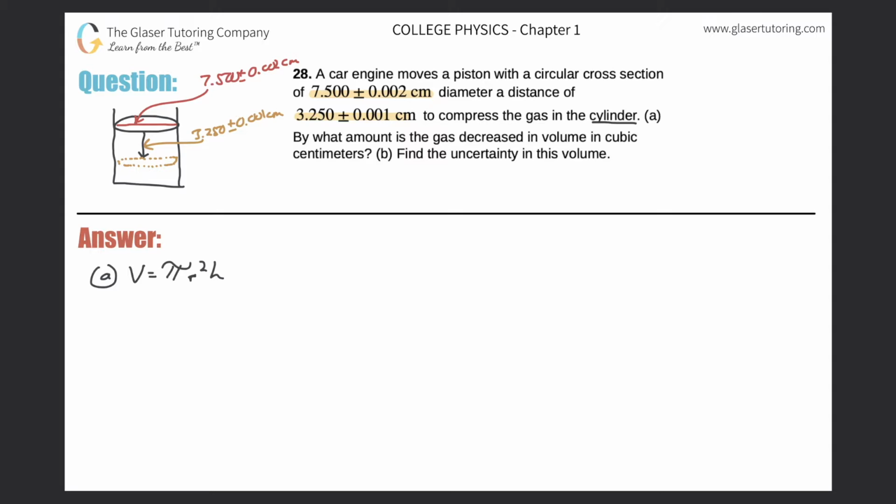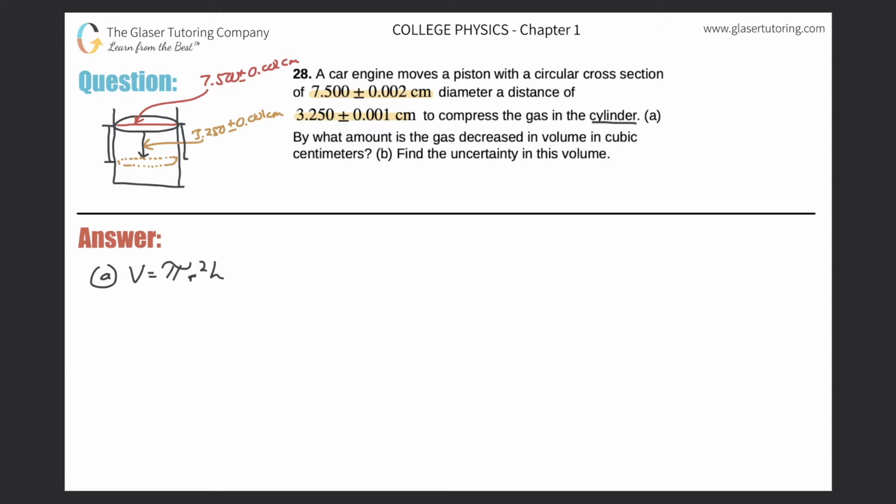So in order to find the volume, we need to know the radius of the cross-section and the height. Just so that we're clear, this is basically the cylinder that we're talking about. From this point down to here, that's going to be our cylinder.